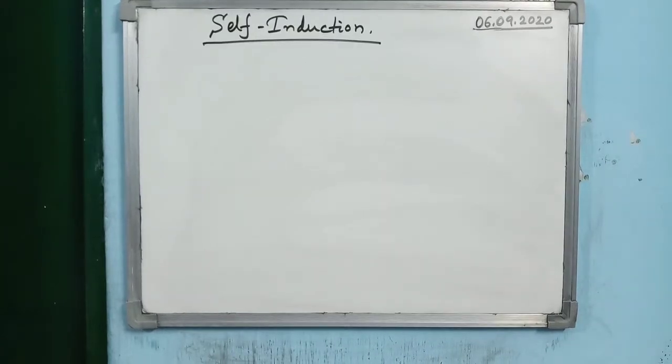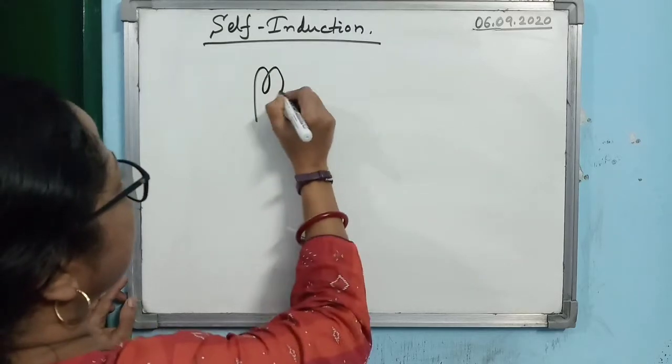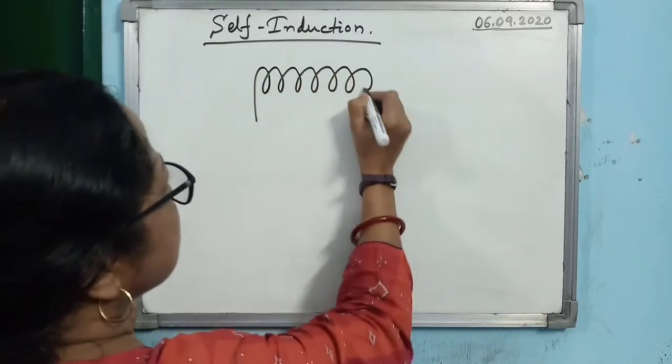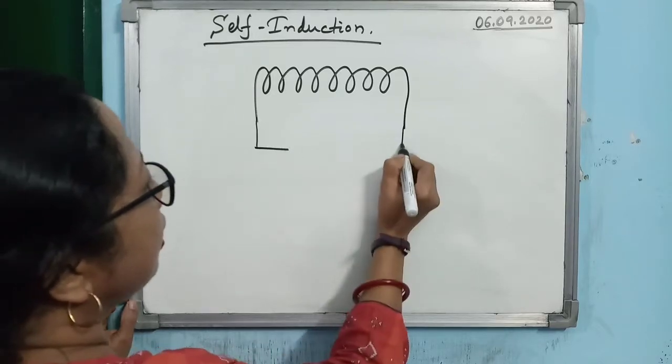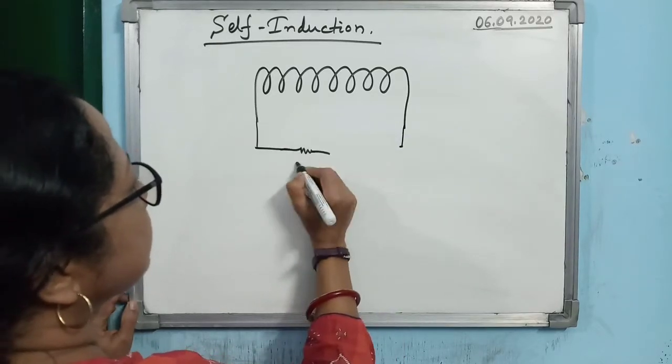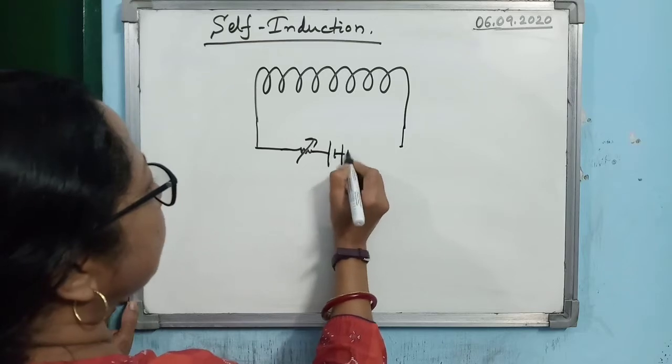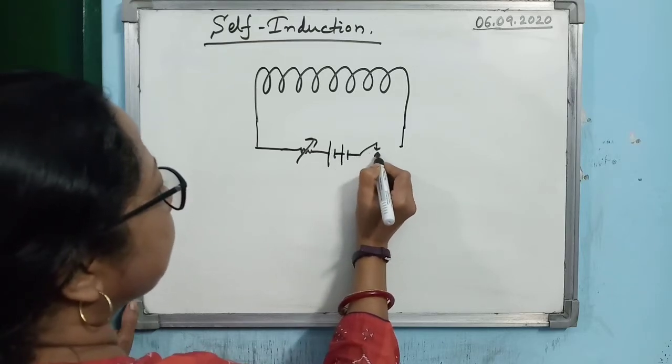Now the next concept is self-induction. What is self-induction? If you want to understand, suppose you have taken one coil and it is connected to a battery along with a tap key.